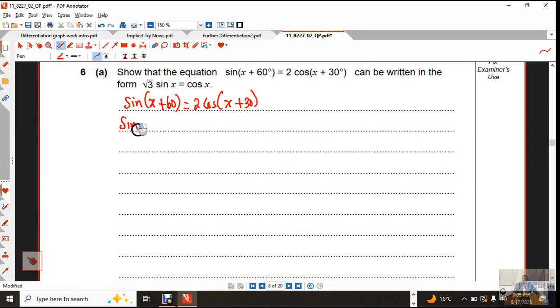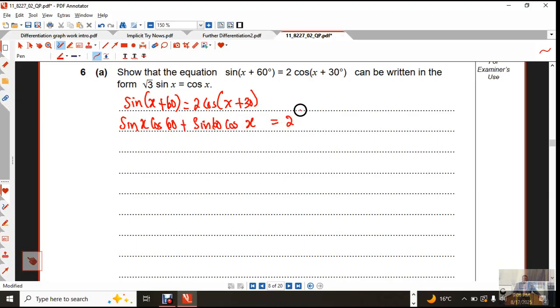So this is sine x cos 60 plus sine of 60 and cosine of x. You can leave it like that.